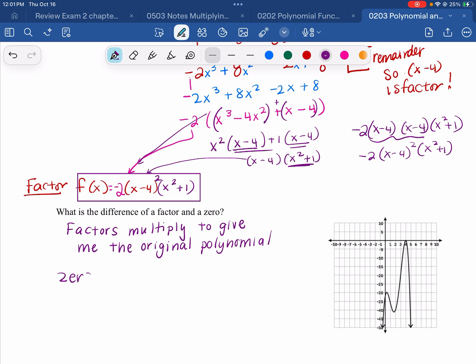A 0 is an x-intercept, or a root, when y equals 0. So an x-intercept, remember, would be a coordinate. It'd be some number, comma, 0.